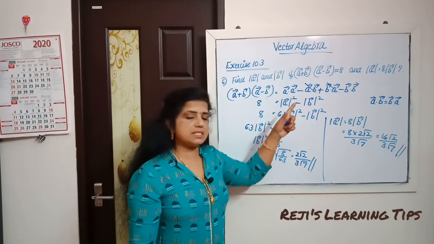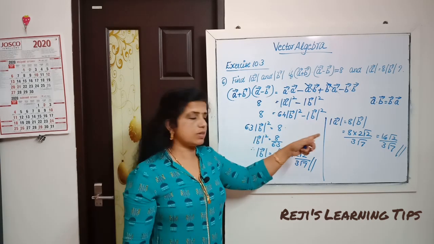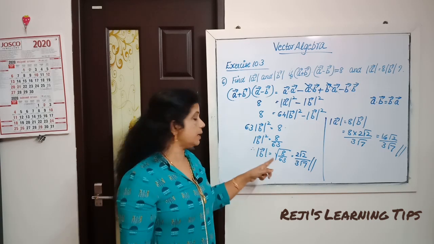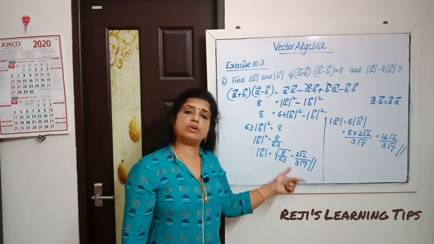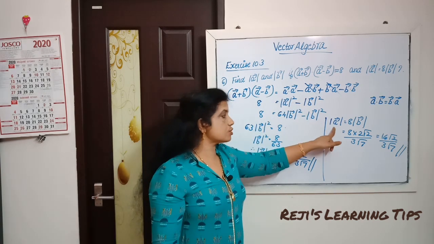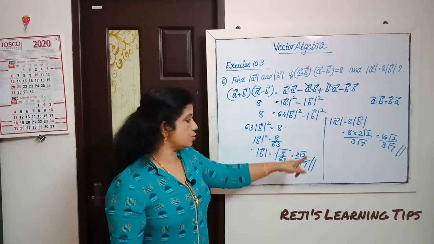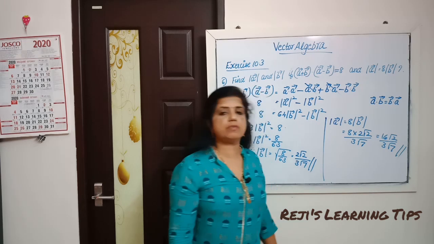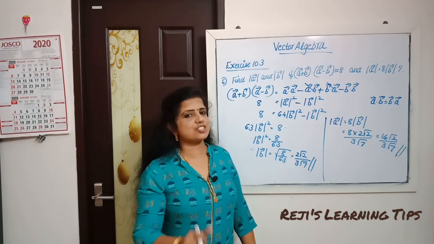Modulus of A is 8 times modulus of B, then 64B square minus B square, that is 63B square equal to 8, so B square is 8 by 63, then B is root of 8 by 63, that is 2 root 2 divided by 3 root 7. Then we substitute: modulus of vector A is 8 times modulus of vector B, 8 into 2 root 2 divided by 3 root 7, that is 16 root 2 divided by 3 root 7. Understood? Then we can see the next problem.